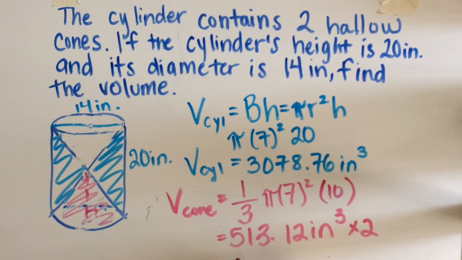So if I multiply by 2, I end up with 1,026.25 inches cubed.